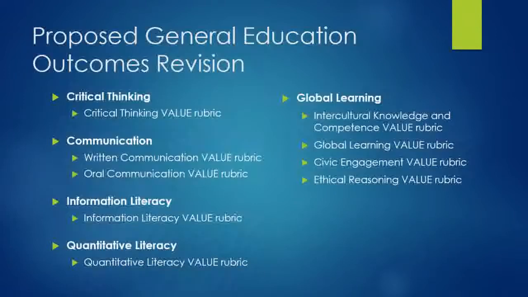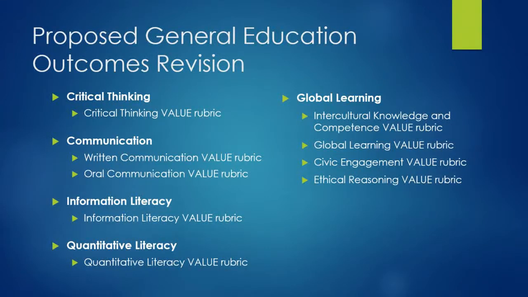So our proposed general education outcomes revision has come from conversations with the assessment committee, and we have revised that list of 9 down to 5. Again, that came out of recommendations from assessment day and then continued conversations with the assessment committee.